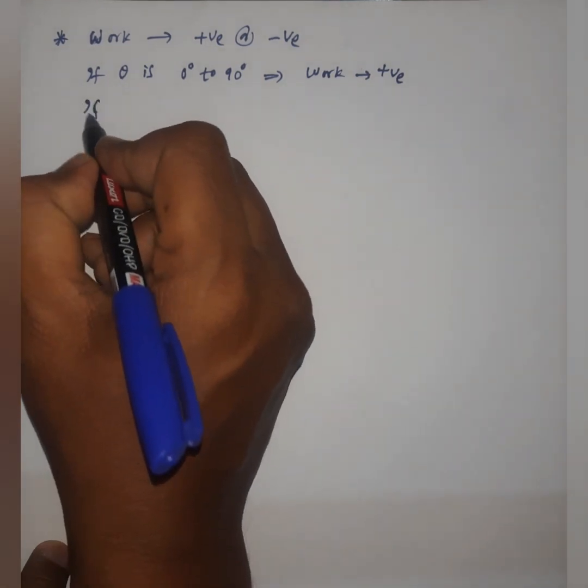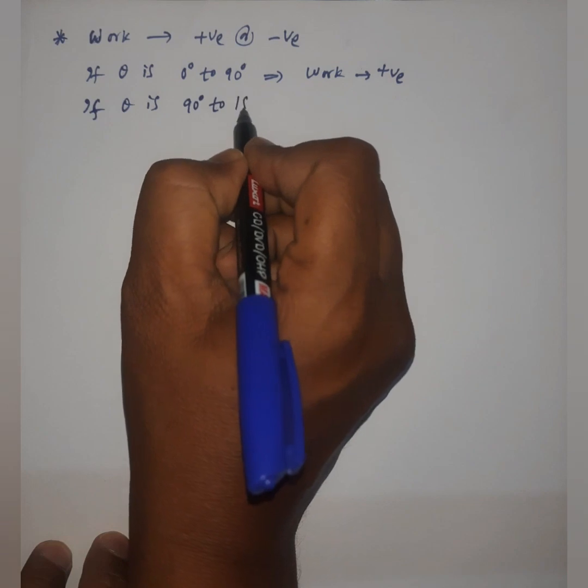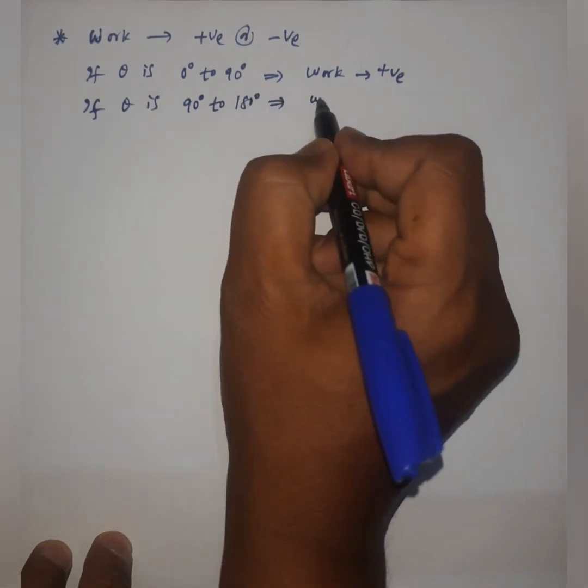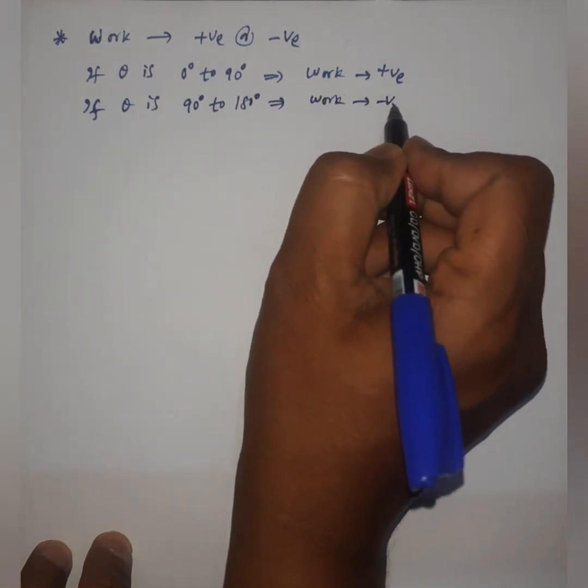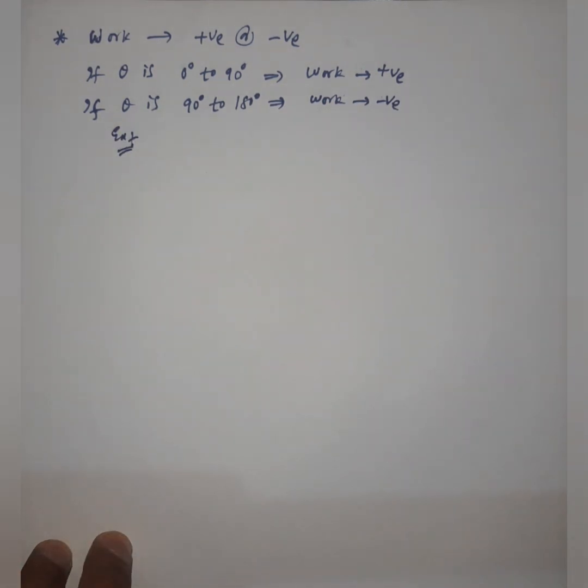If theta is 90 to 180 degrees, work is negative. For example, the frictional force opposes displacement and theta is equal to 180 degrees. The work done by the frictional force is negative.